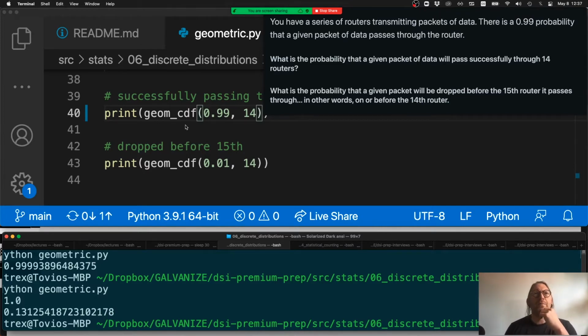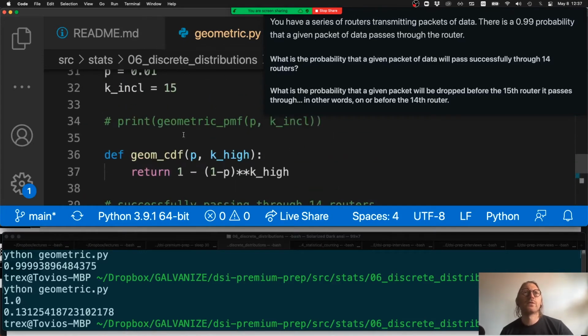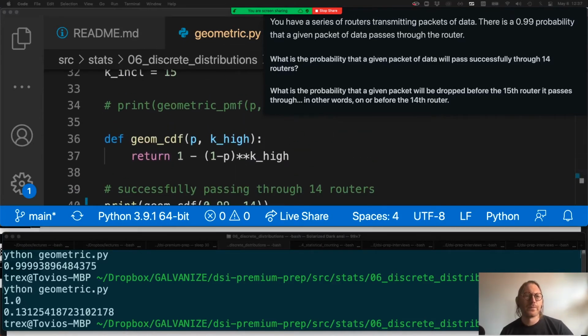Yeah, there's something amiss here. Is there something wrong with my function? That's the first question. So 1 minus p to the k.